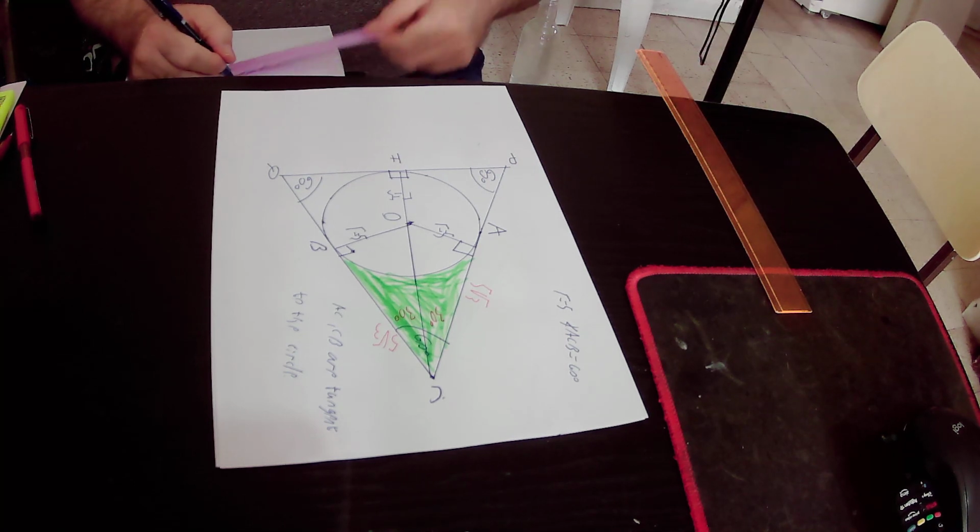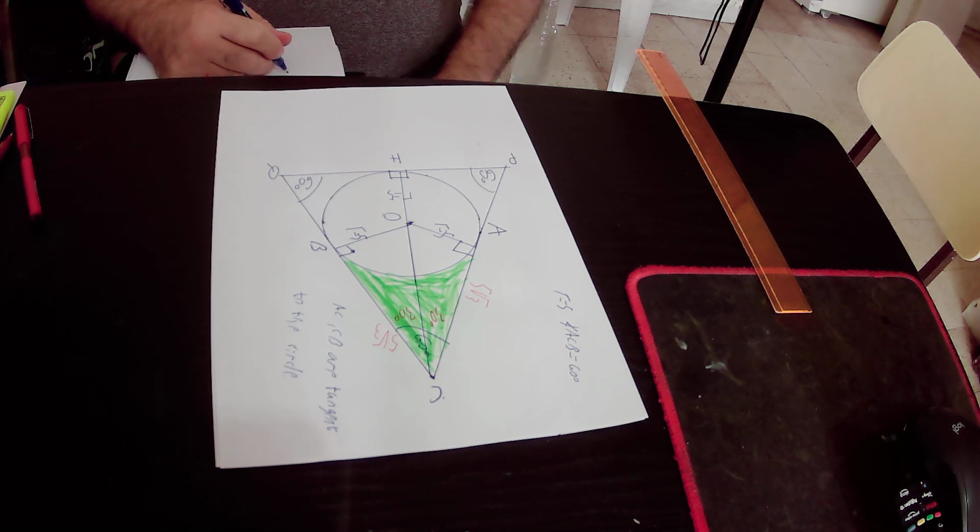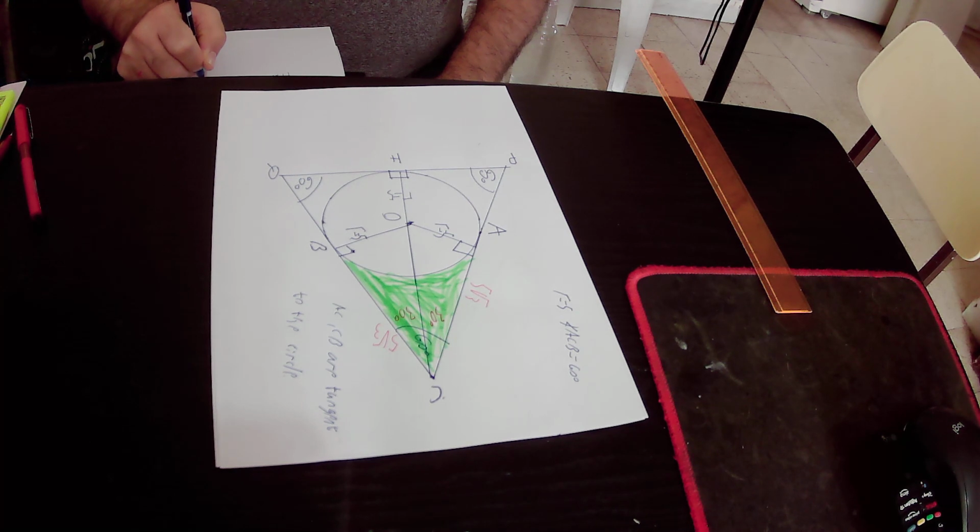Rule number 5 states that the height from the center of an equilateral triangle crosses the side.